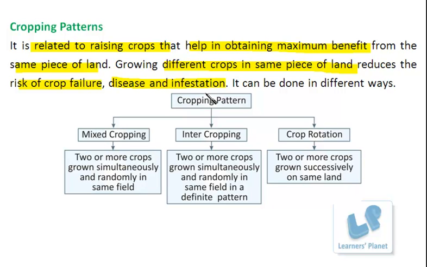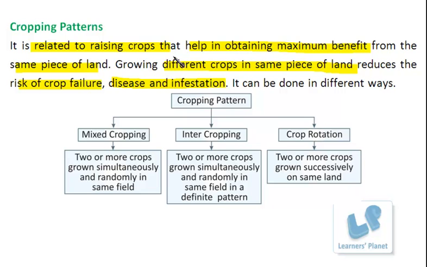If one of the crop productions has failed, then another crop is also available from which the farmers can get the advantage, right? And similarly, if some specific pathogen has damaged a particular type of crop, the other is saved, isn't it? So in this way the cropping patterns can help in increasing or improving the production of the crop from the same piece of land.